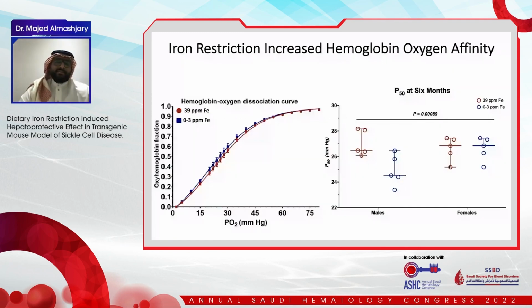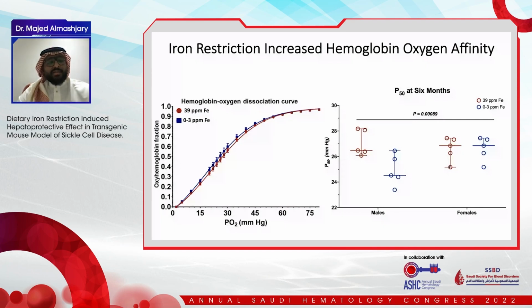We went ahead, according to other reports in 1975 and 1983, where iron deficiency and sickle cell disease might increase the hemoglobin oxygen affinity. And we took it upon ourselves to see if this is true or not. So we measured the hemoglobin oxygen affinity. We generated the hemoglobin oxygen dissociation curve using a HEMOX analyzer.